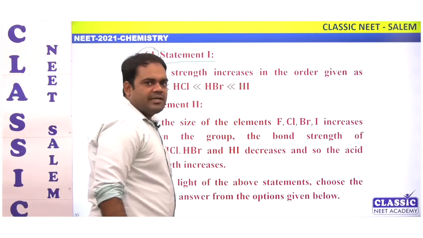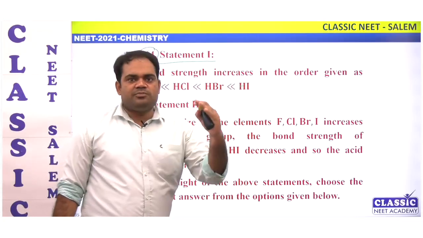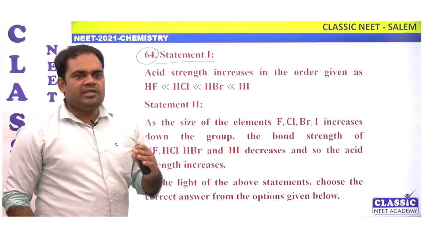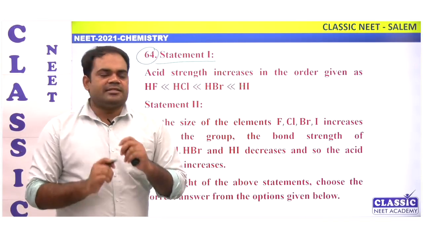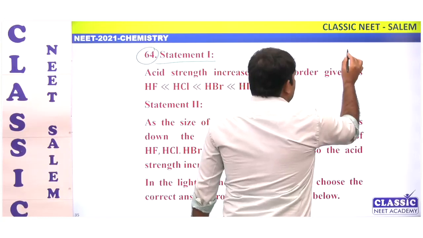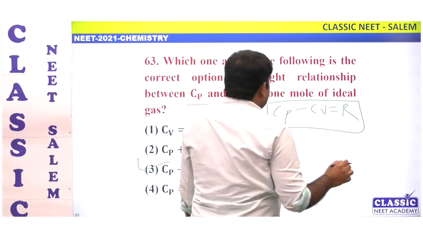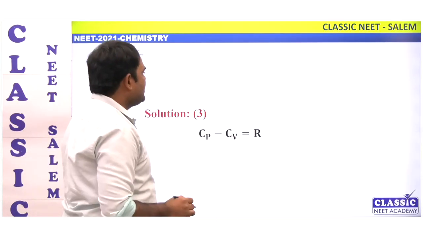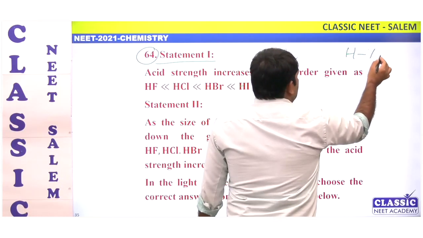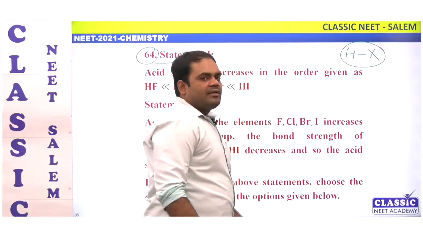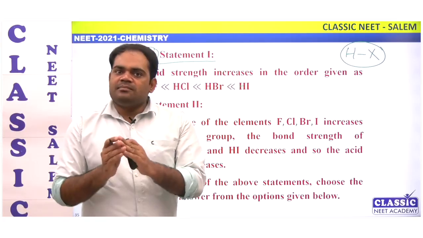This one is correct, because when we go from top to bottom in the halogen family, the acidic strength of the hydrides is increasing. So why is the acidic strength of the hydride increasing? What is the reason behind that? The reason is that the HX bond strength is decreasing on going down the group.